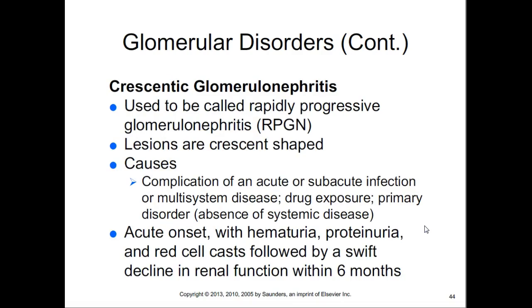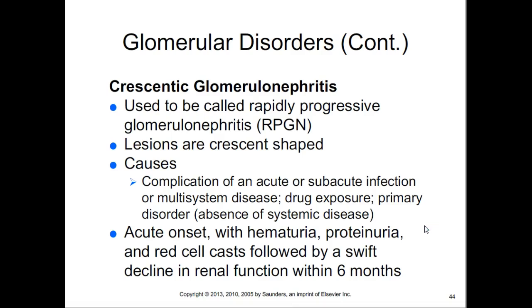Crescentic glomerulonephritis, right? Also used to be called rapidly progressive glomerulonephritis, so RPGN, right? Because the lesions are crescent shaped, right? So it's usually a complication of some type of acute or subacute infection, either drug exposure or some sort of primary disorder, in the absence of systemic disease, right?